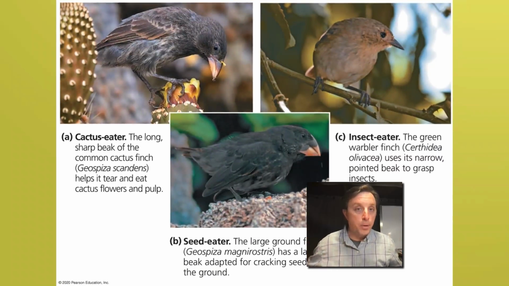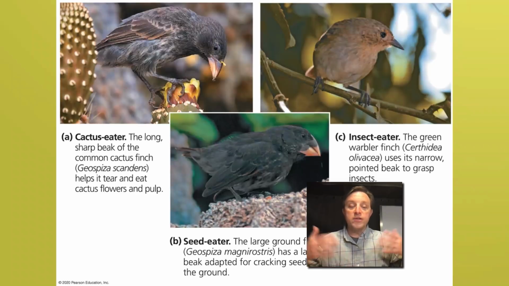What he noticed about these birds was that every island had its own distinct beak shape, and this beak shape was adapted to the food source. Long, sharp beaks were good for eating cactus, larger, stronger beaks were good for cracking seeds, and the short, pointy beaks were better for catching insects.